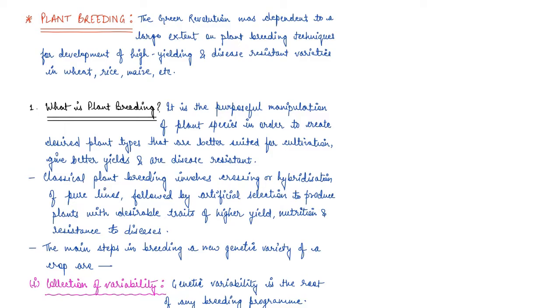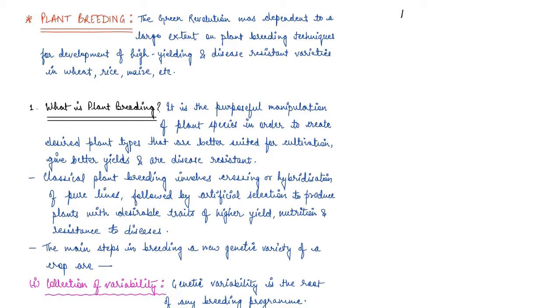So in this video we are going to cover plant breeding. We are going to see what exactly is plant breeding, right? So guys, if you have ever heard about the green revolution, that was dependent to a large extent on plant breeding techniques. And here again, what is the aim?